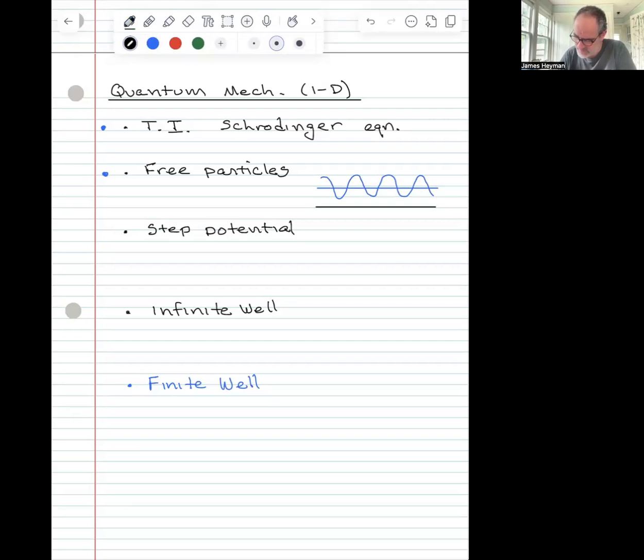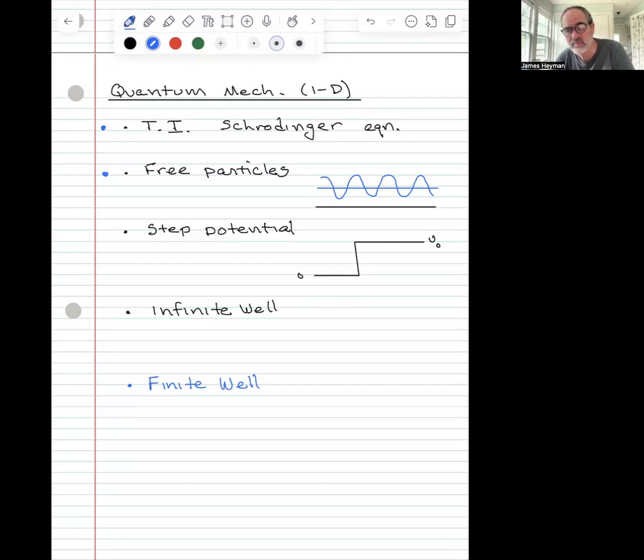The next situation we looked at was the step potential. In the step potential, the potential energy starts at a low value, maybe 0, and then it jumps up to a high value, maybe U0. We looked at the form that the wave function could take in this system.